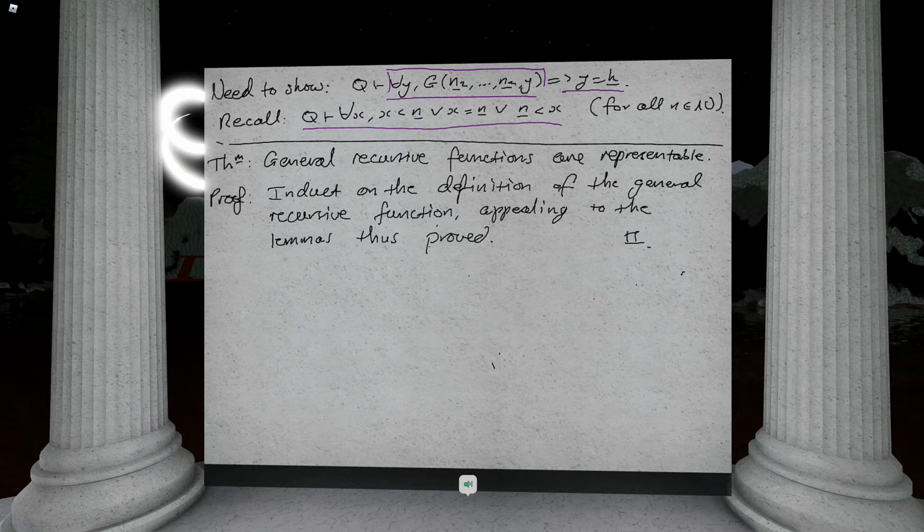Okay, so what is the definition that I'm using in this theorem of a general recursive function? Okay, the zero function is general recursive, so is the successor function, so is any projection, so is addition and multiplication, and then also the characteristic function of equality, right? So that's the characteristic function of the diagonal, right?